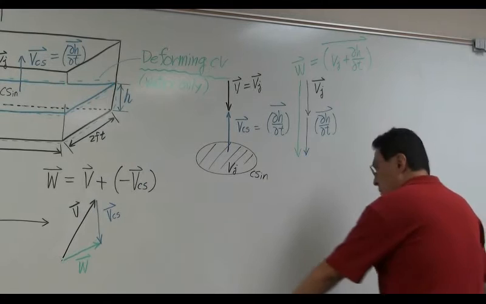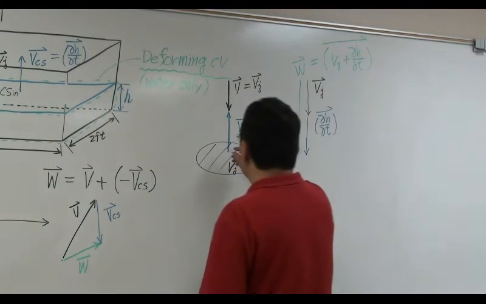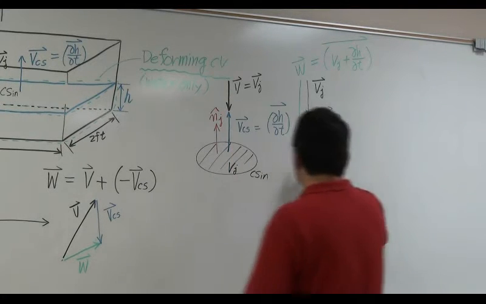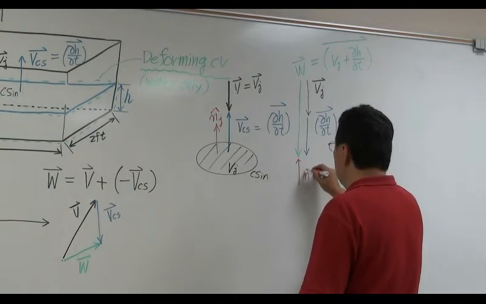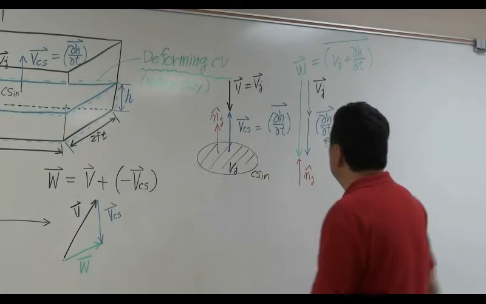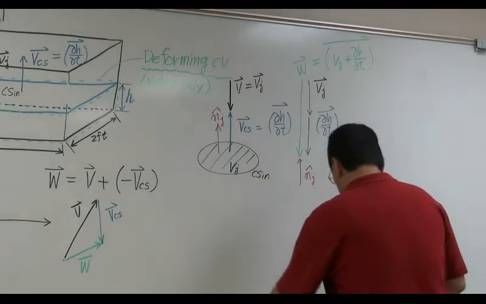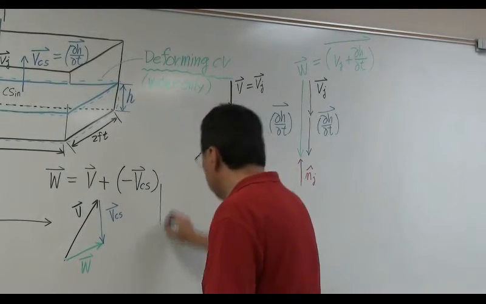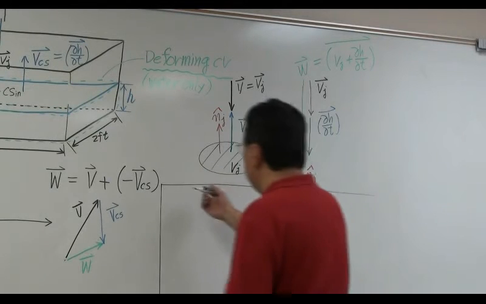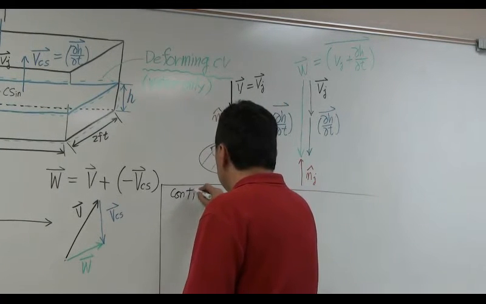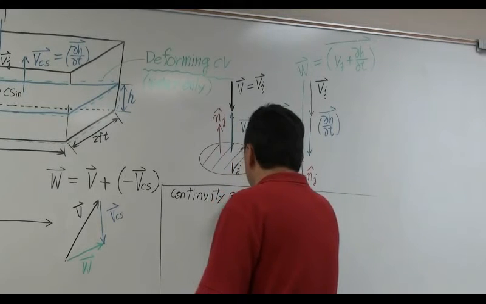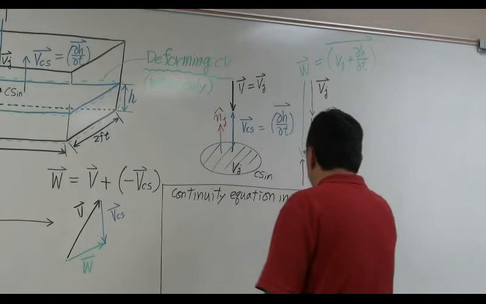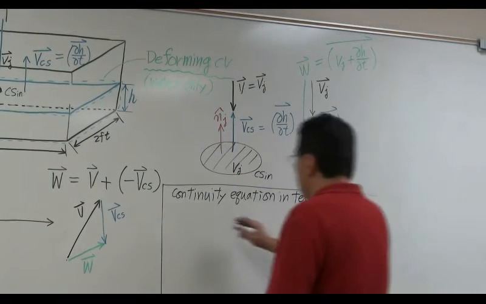Okay? So obviously this W needs to be dotted against the outward unit normal vector. So here is the equation, let's rewrite the equation. Continuity equation, in terms of relative velocity.